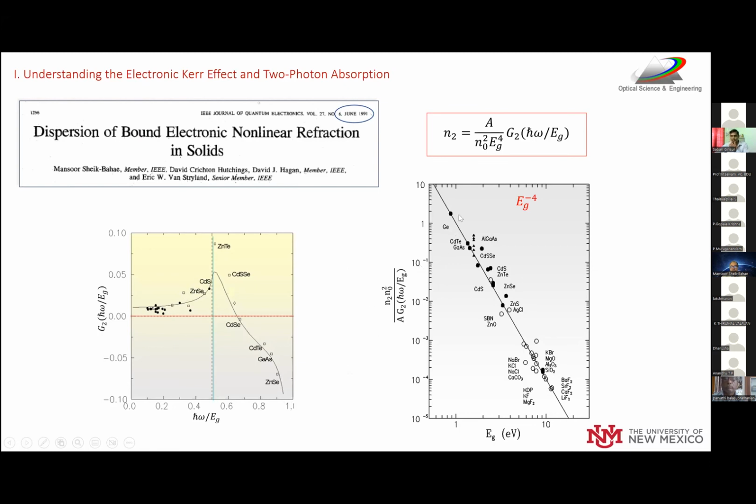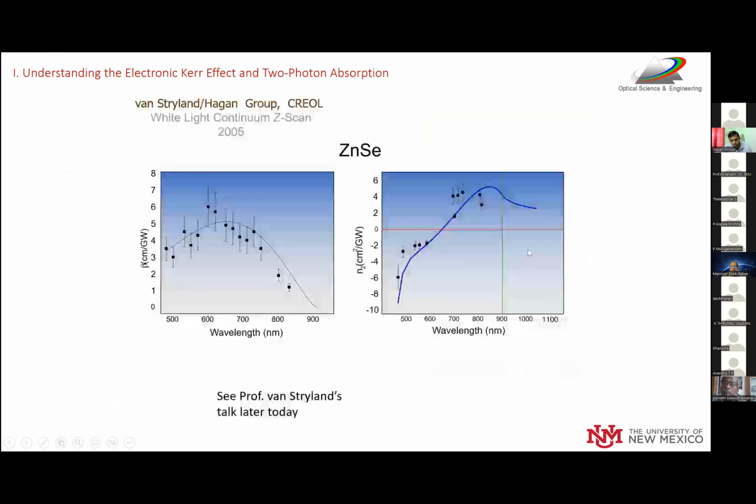And the band gap scaling over almost 6 orders of magnitude fitted this simple expression, not only in glasses and optical solids, but also small-gap semiconductors. Again, Eric later on is going to show you maybe more, because they did more, also using white light continuum Z-scan that showed this dispersion for a single material very carefully.